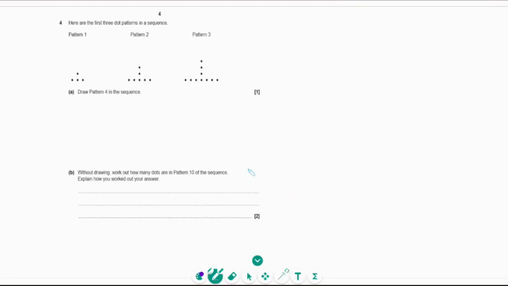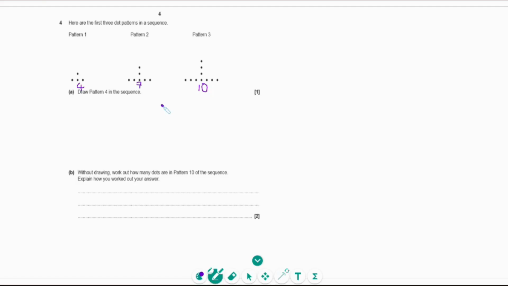Here are the first 3 dot patterns in a sequence. Draw pattern number 4. So here we have 4 dots. We see we're adding just a dot on each end of the diagram. We've got 4, 5, 6, 7, 8, 9, 10. So this one's going to have 13.